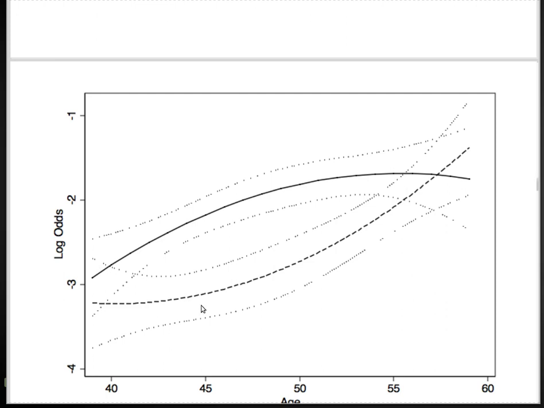Well, the confidence limits, point-wise, don't overlap for the intermediate ages, roughly from about age 43 until about age 54, see? So that might help us, again, with understanding the implications of smoking status and the relationship between coronary heart disease and smoking and age.